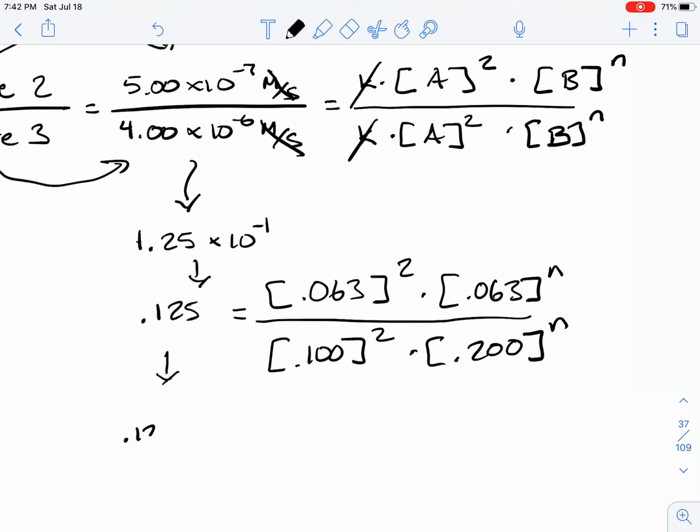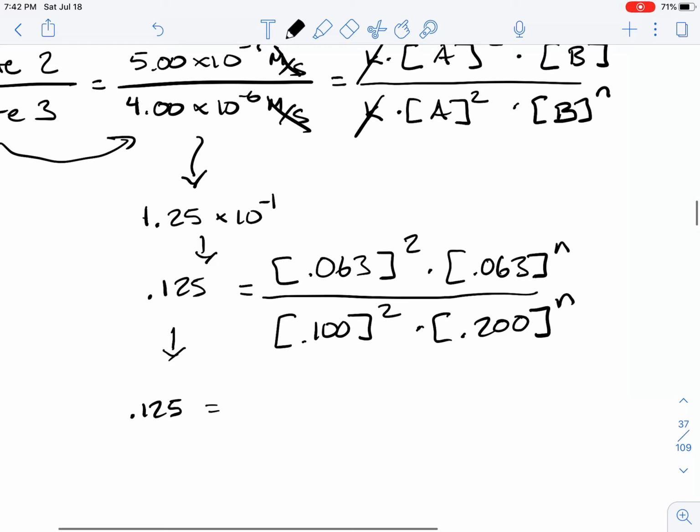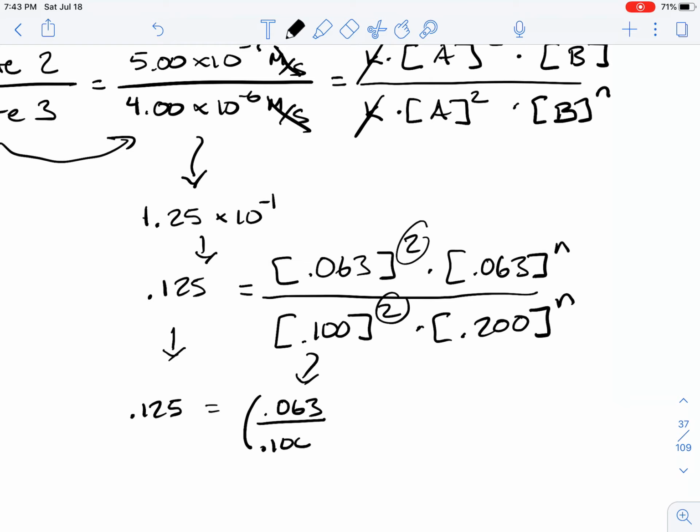So 0.125 is equal to, let me go ahead and type that into my calculator. And what you guys can do is actually factor out the squared. So let me go ahead and rewrite this. So 0.063 over 0.10 times 0.063 over 0.20.